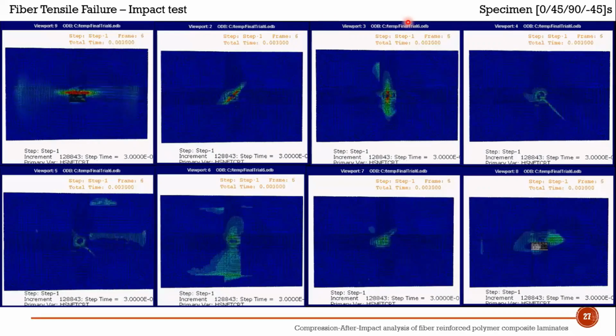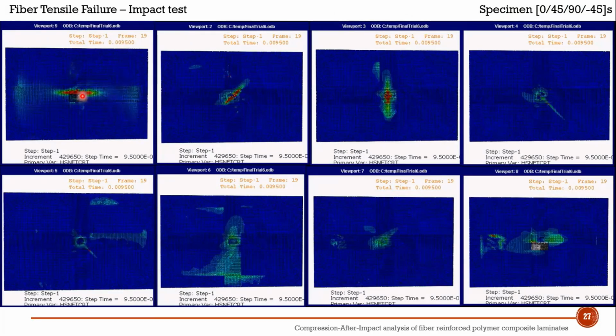So this is our specimen, 0, 45, 90, minus 45. These are some important failures that happen in an impact of a composite laminate. If you see, this is 8 different laminas stacked together, and we generated results at each lamina for this failure mode, the fiber tensile failure mode.